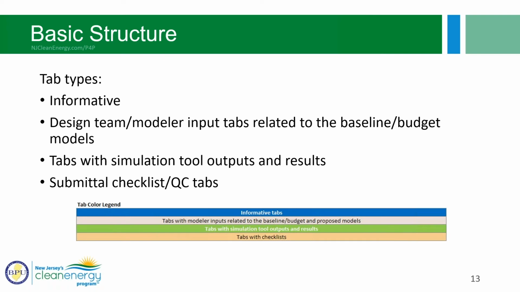Bright green tabs are for importing model output reports and tabs that perform the actual performance, also known as compliance, calculations. And the orangey colored tabs pertain to quality control. There's a submittal checklist tab to make sure that you have everything required in your submittal package, and then there are tabs with actual QC checks.